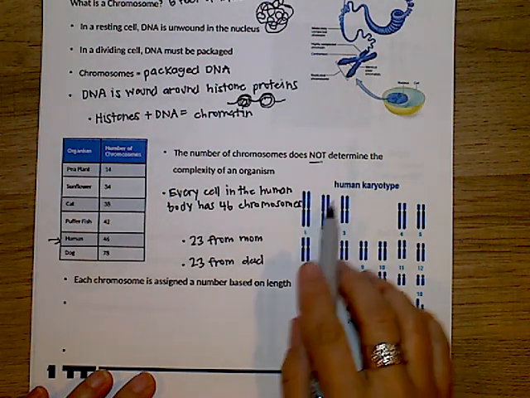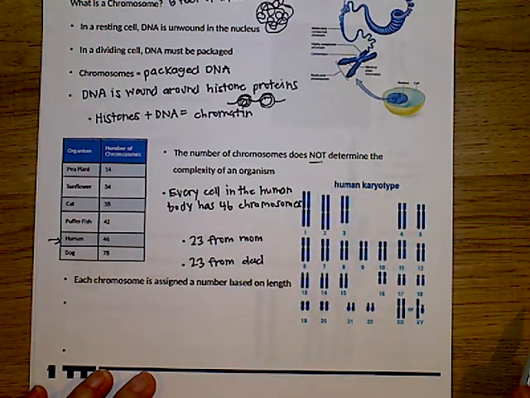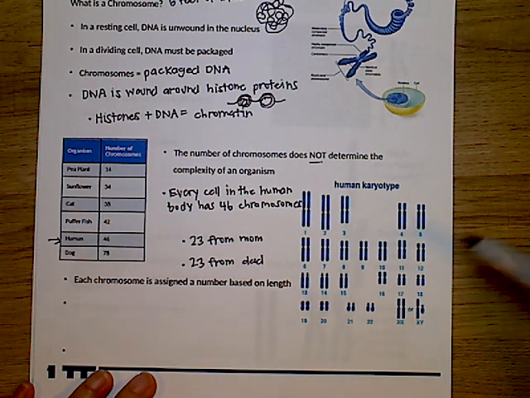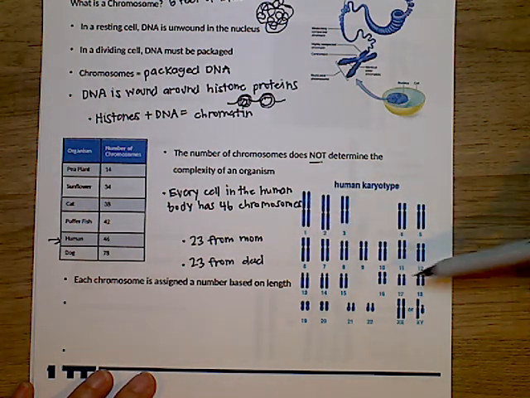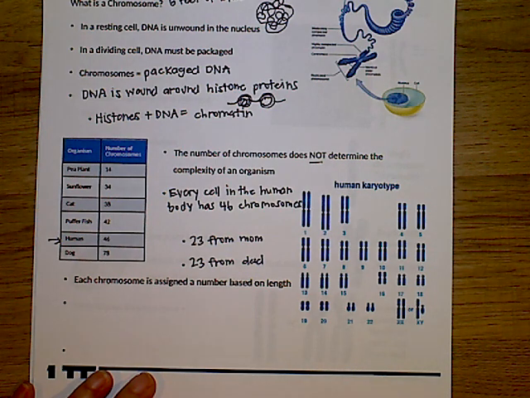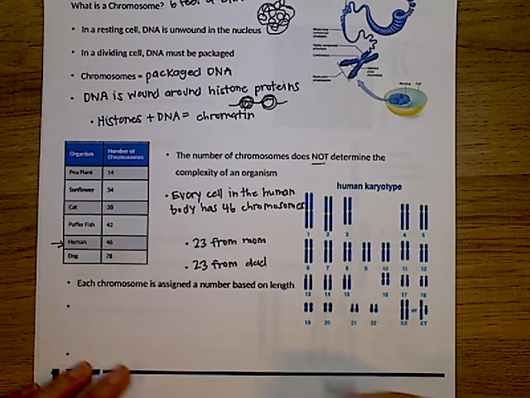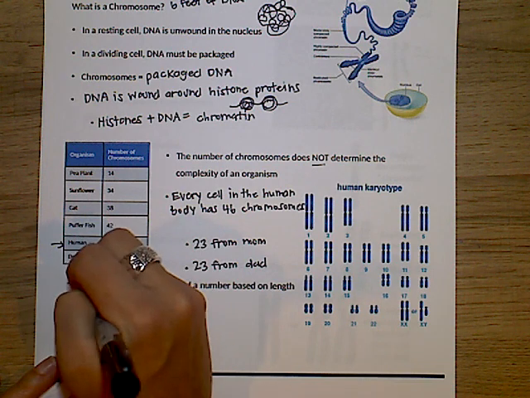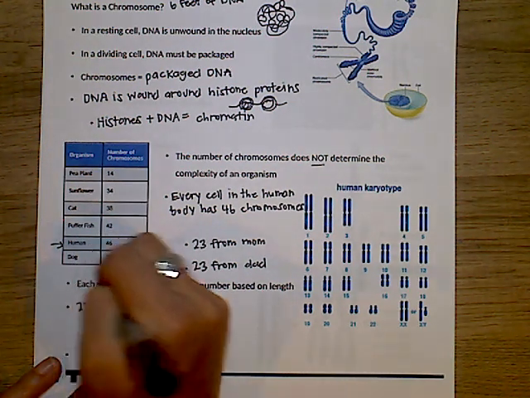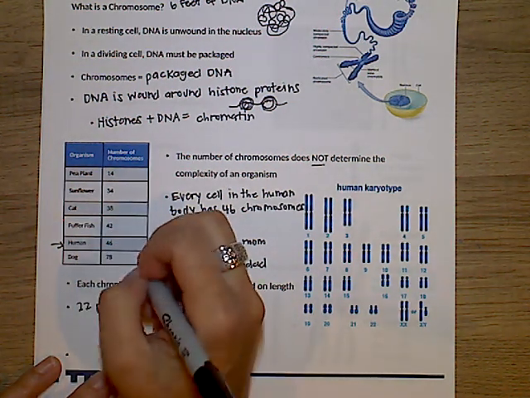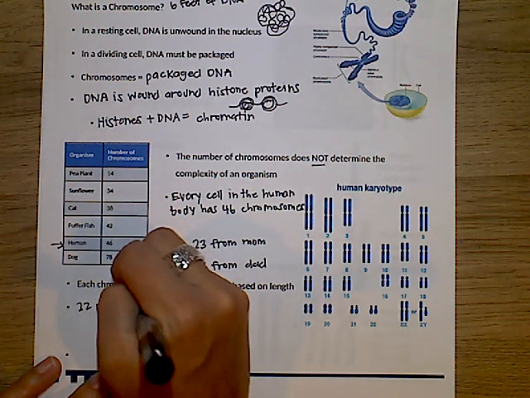So here we have a human karyotype. That's a picture of all the chromosomes. And they're just assigned a number based on length. So 1 is the longest and 22 would be the smallest. So 22 pairs are autosomes.